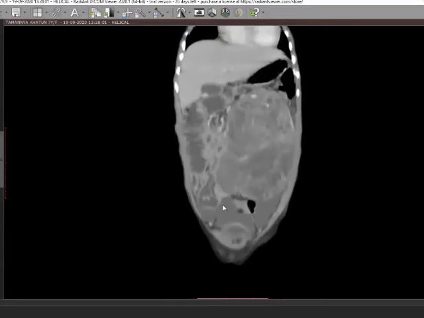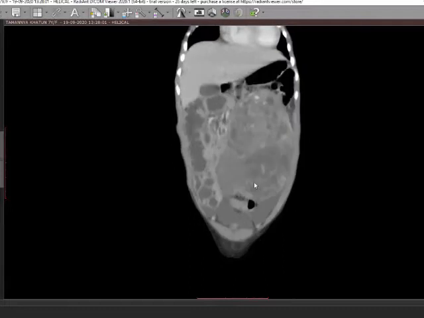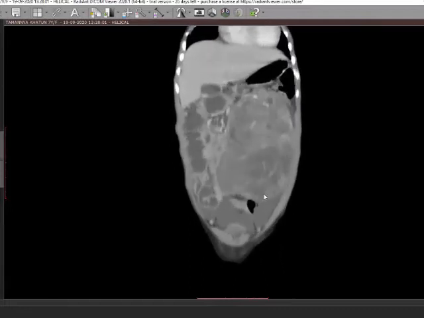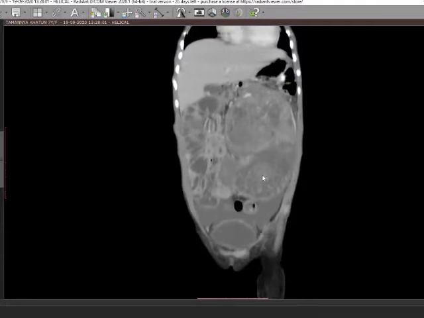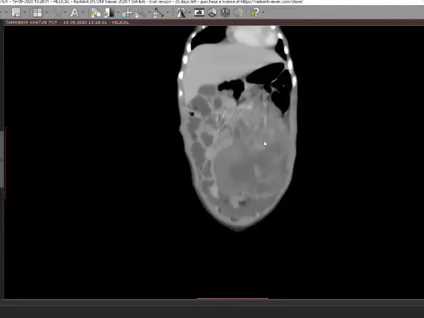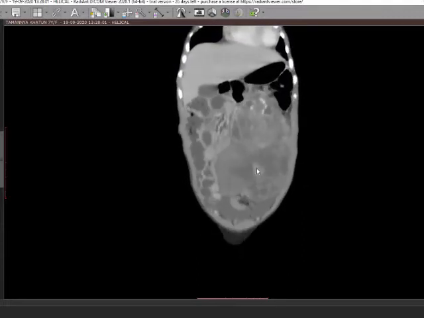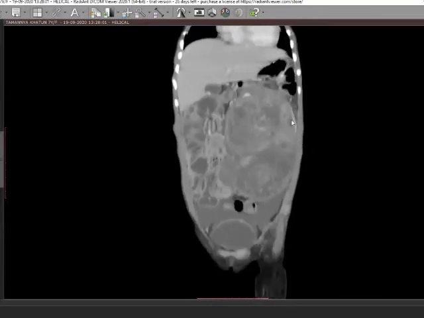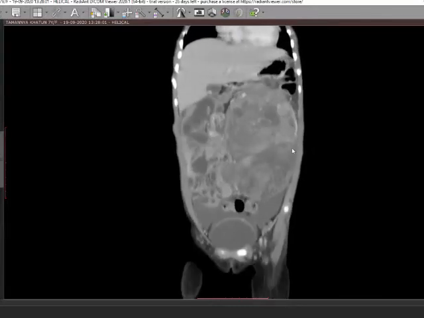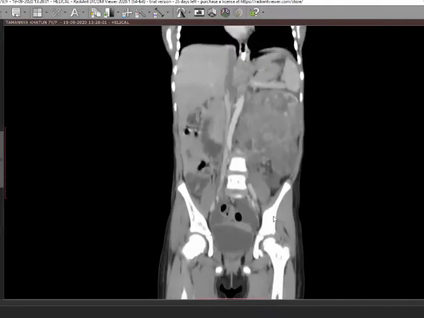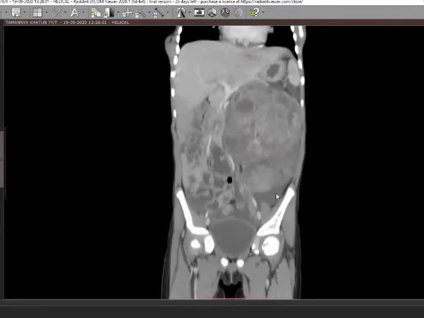Ascites is a feature of probable rupture, and as per literature, another sign of probable rupture is intratumoral hemorrhage, which is usually not seen, but in this case it is seen. We can also see peritumoral fat stranding here. So, three probable signs.